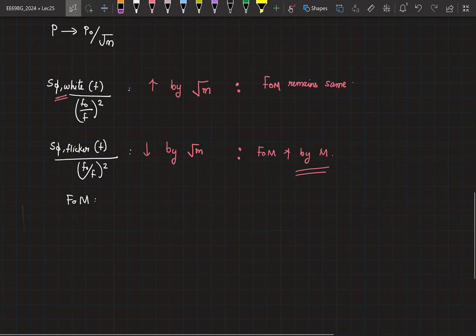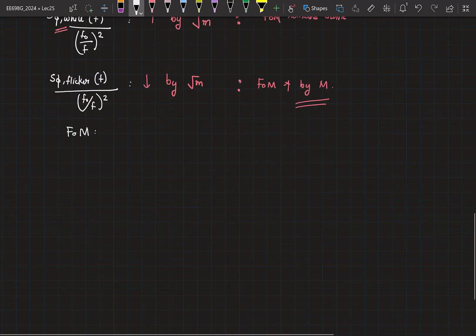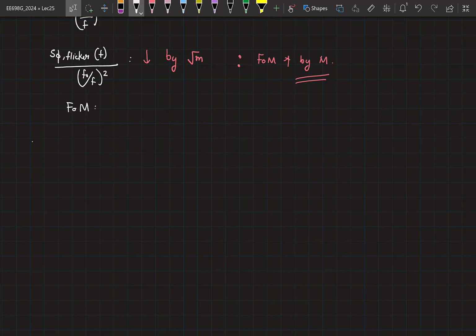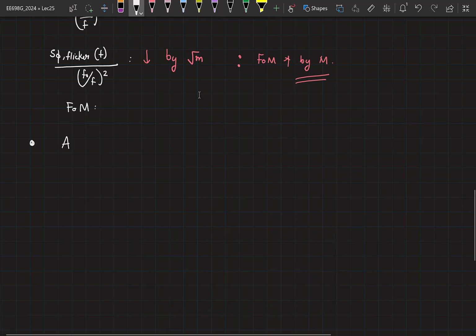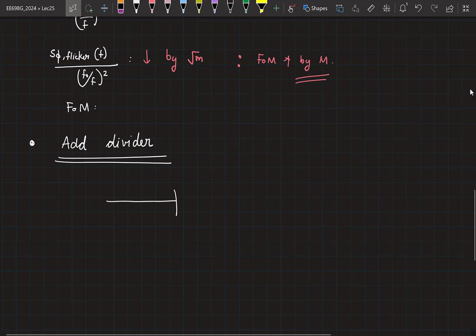Yeah. Now the last scenario is wherein you add a divider. So before you comment about the FOM directly, first tell me what is the transfer function, right?